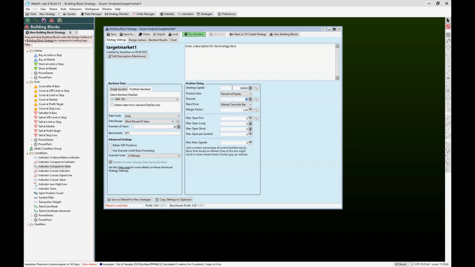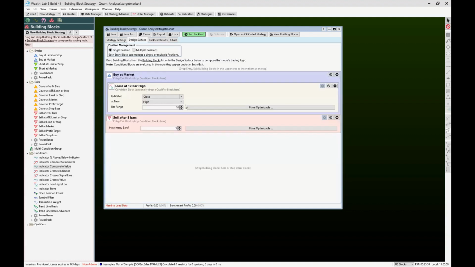Let's do simple position sizing, starting capital 100,000 and percent of equity 10. 10 means you can do up to 10 trades at the same time with these rules. So that's all we need for our first backtest, and we are starting it, run backtest.